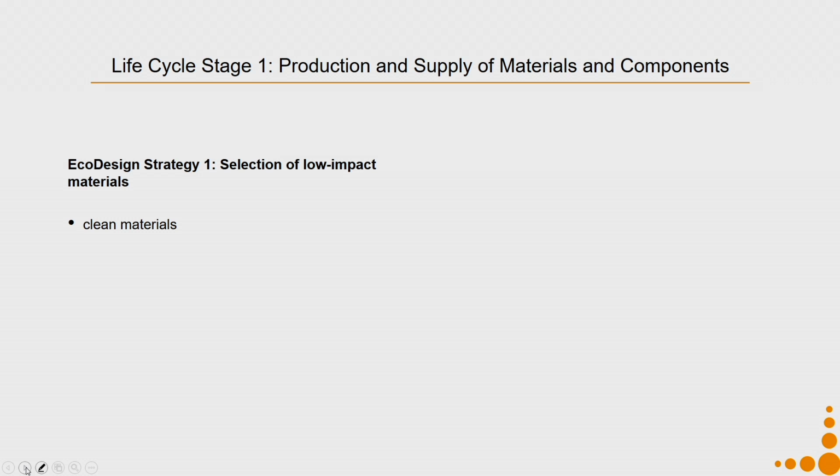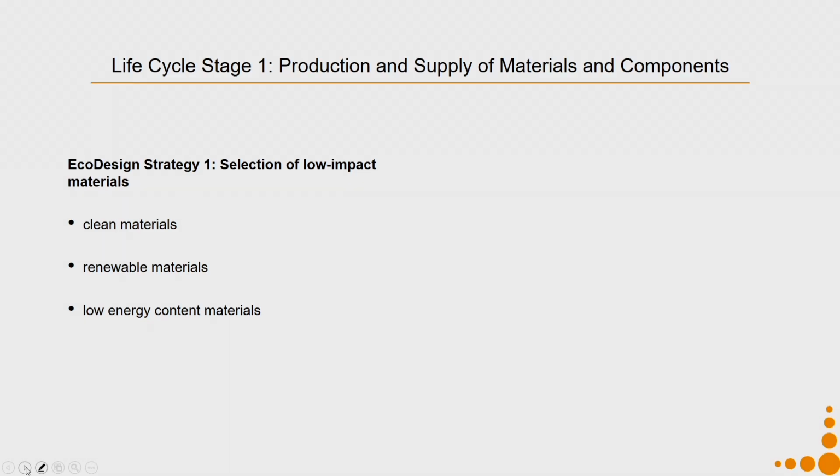Of course, this selection of clean materials is greatly helped by our IDMAT software. You can also select renewable materials. You can substitute the non-renewable with renewable materials by using the software. You can also use materials which have low energy content, again using the software.